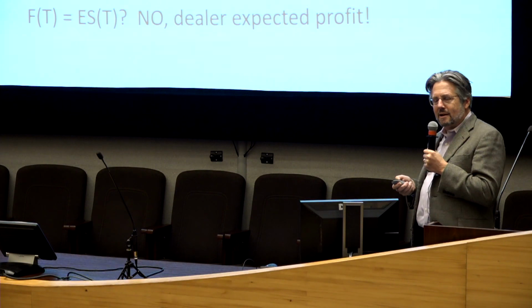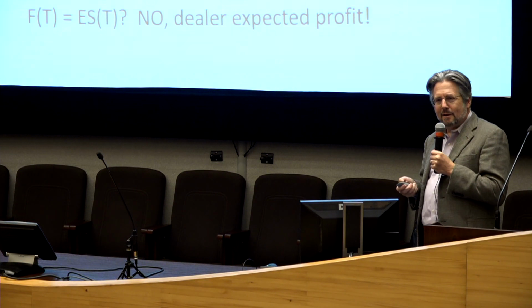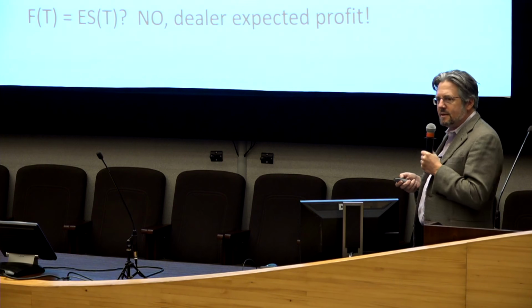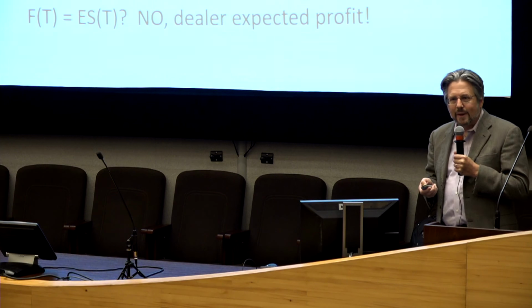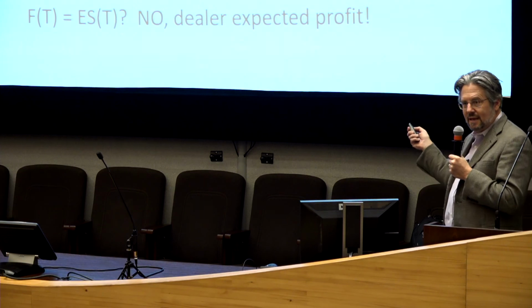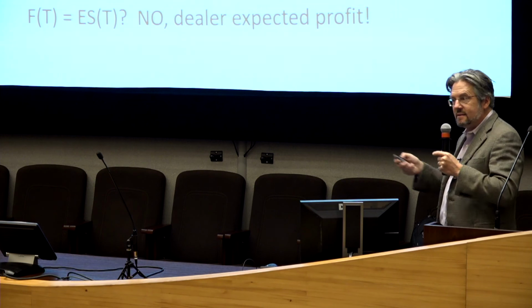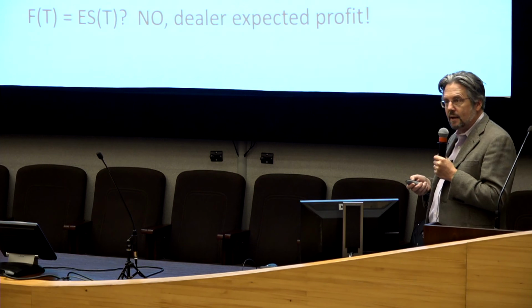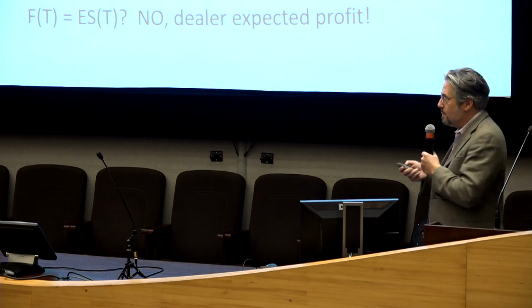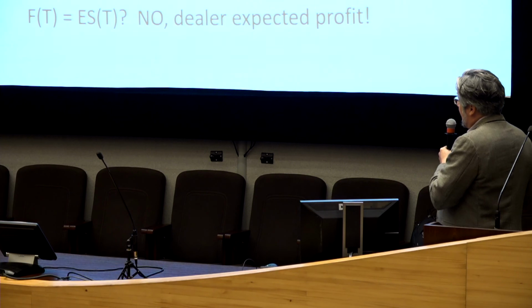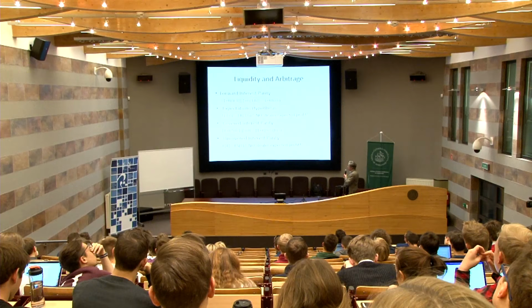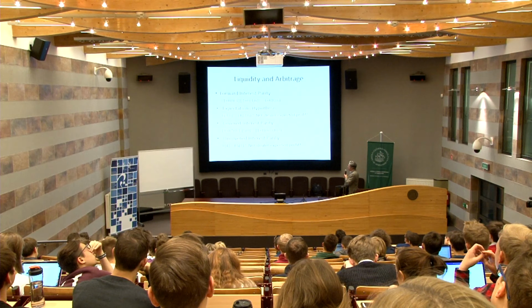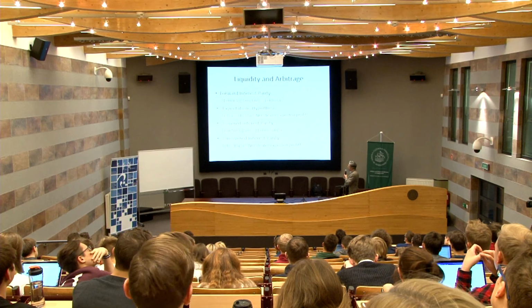They're not going to do it for free. They need to be paid, and so somebody who is borrowing short and lending long, that's how you would take advantage of this, is expanding their balance sheet, absorbing imbalance in payment flows. And that's liquidity premium. Dealer expected profit is the source of liquidity premium.